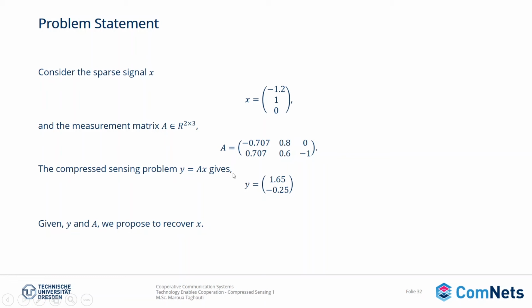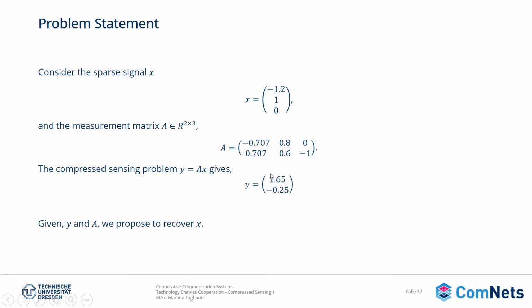Of course, we can now write the compressed sensing problem as y equals Ax, and by multiplying A and x, I remind you it's not a simple multiplication here, we are doing a dot product. We obtain y with these values.